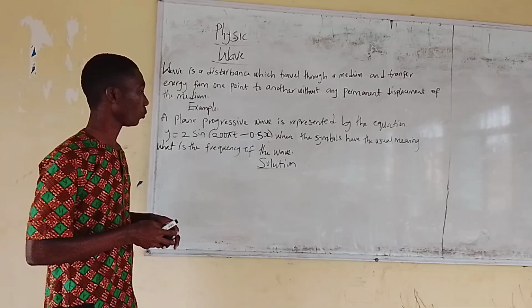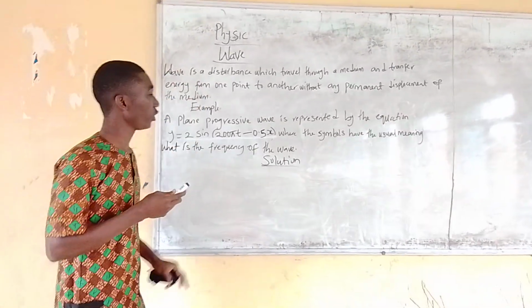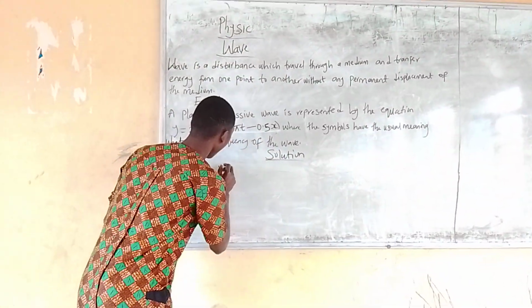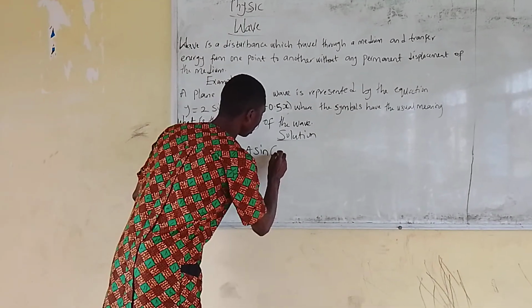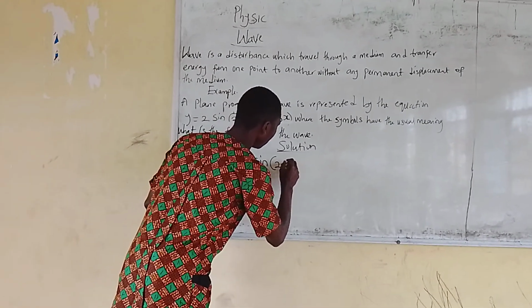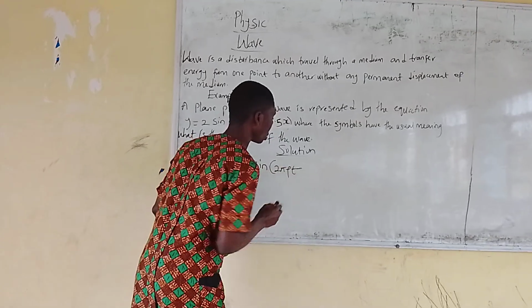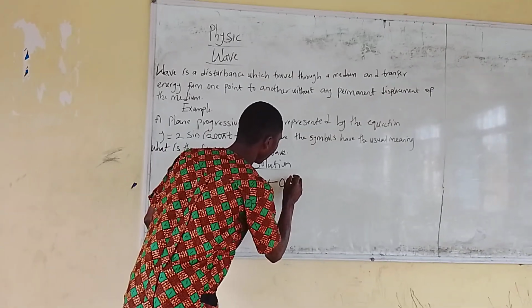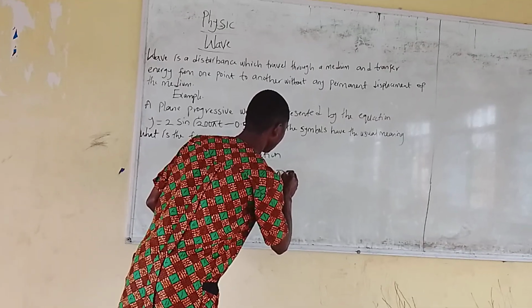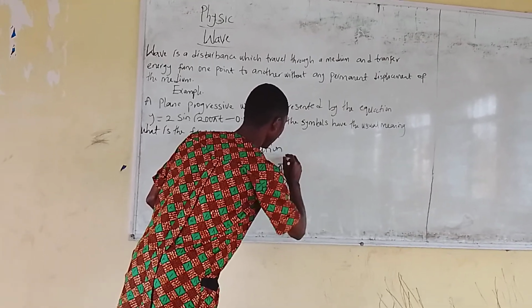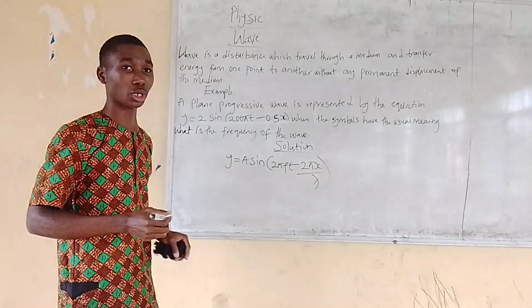So what we have here is a wave formula, which is y equals A sine (2 pi ft minus 2 pi x over wavelength).